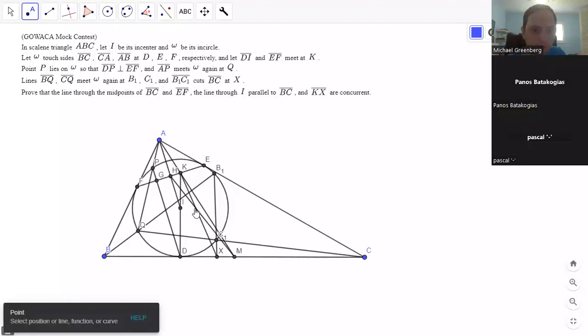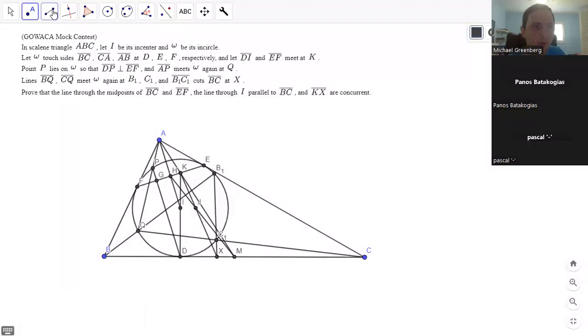Okay, so if KX meets HM at a point J, then basically we want to show IJ is parallel to BC. It seems kind of complicated, but that's just the way the whole thing is. Let's try a different problem. I feel like this one's kind of hard.